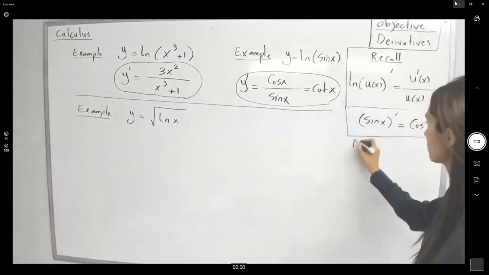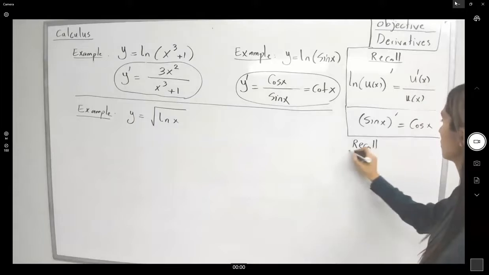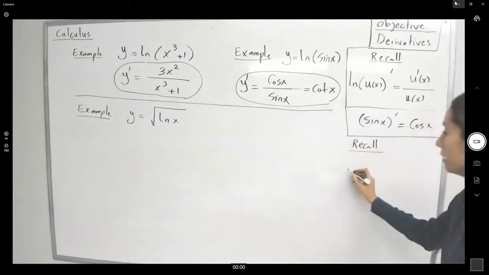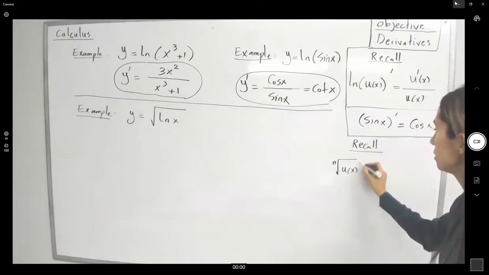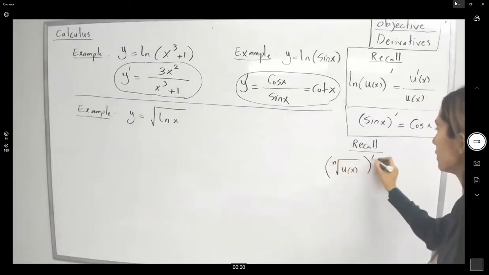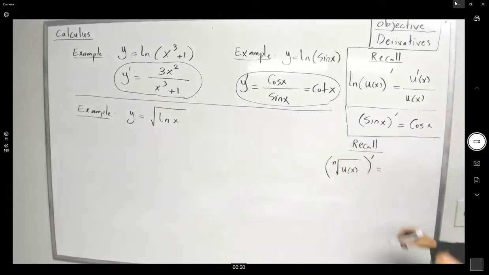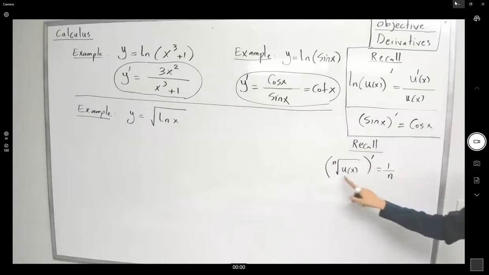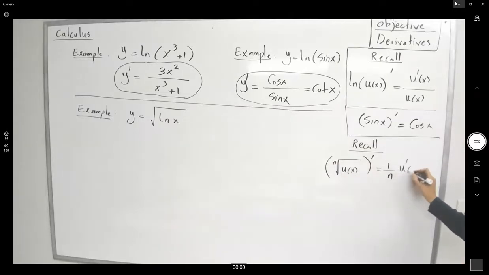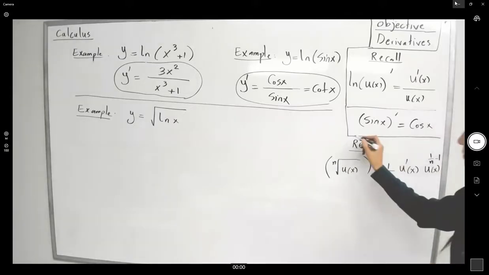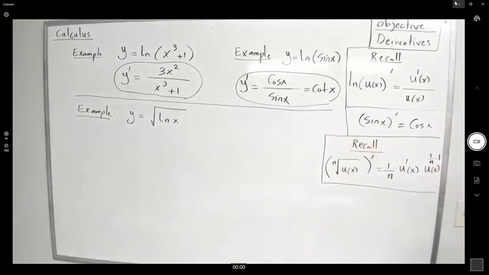Recall that by chain rule, if we have the nth root of a quantity and we are taking the derivative, it is equal to 1 over n, the derivative of the quantity inside the radical, times that quantity raised to 1 over n minus 1.